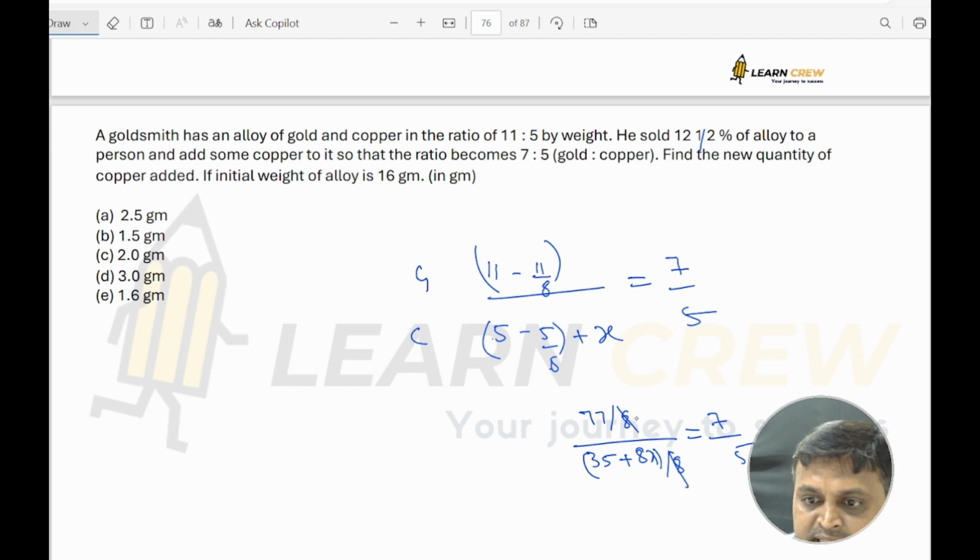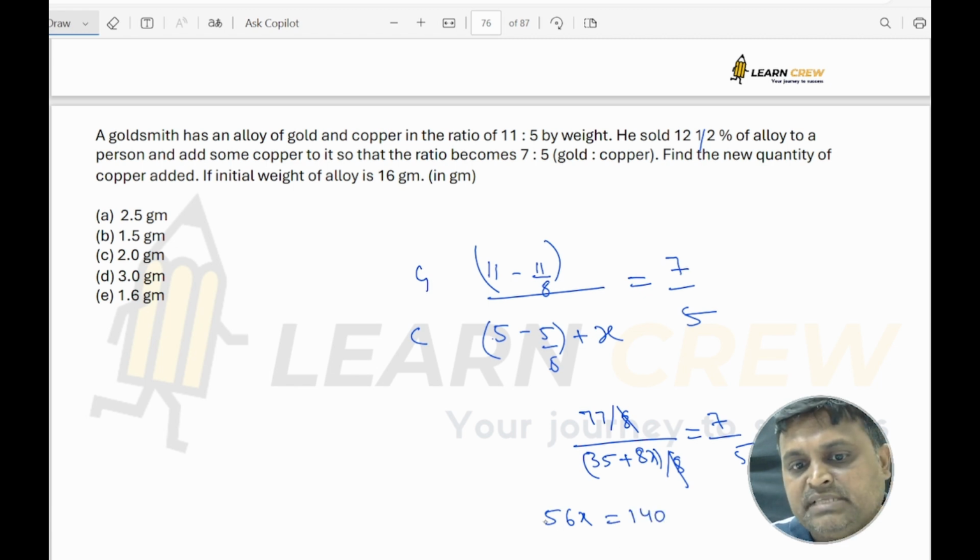So 8 cancels. If you simplify, how much are you going to get? 77 into 5 is 385. 385 minus 245 is 140. 140 is 56x. 56x is 140.